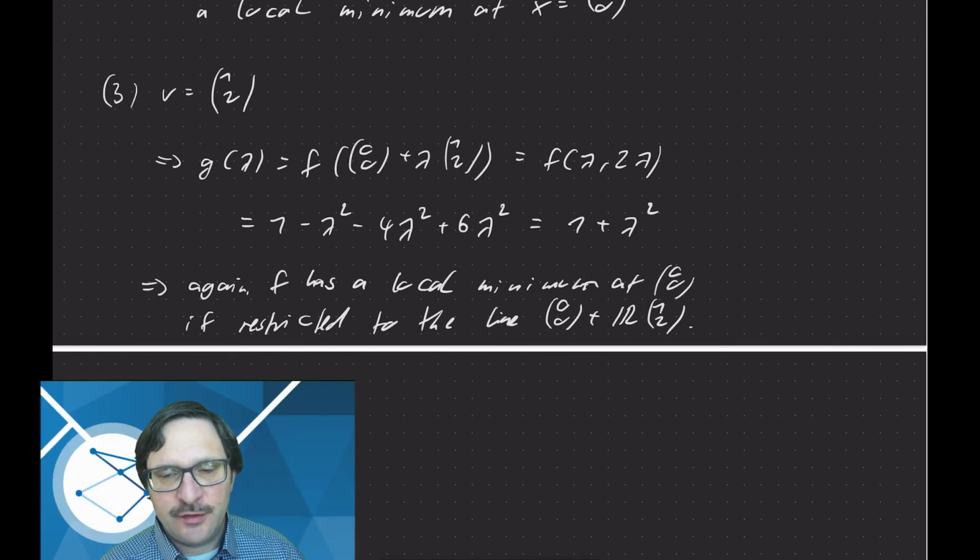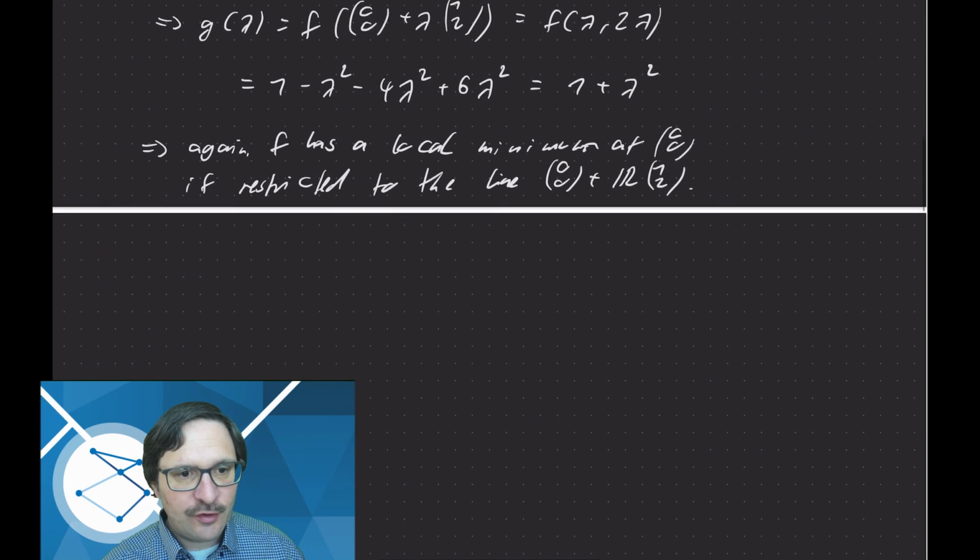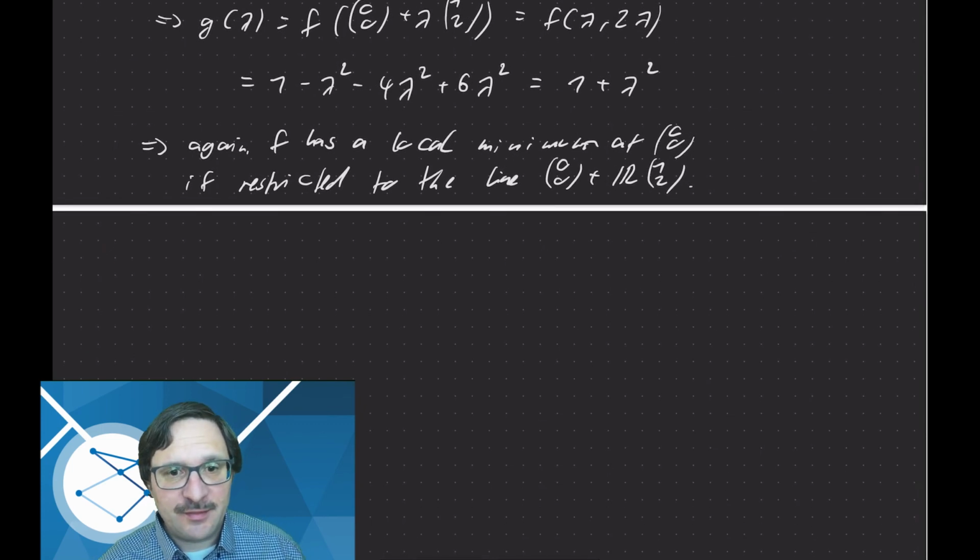Now, of course, what we would actually like to know is local minima and maxima, not just with respect to a single direction, but with respect to all directions. We'd like to understand the global behavior of that function, or at least the behavior in several directions. So what we'd have to do is we'd need a look that somehow incorporates all of these directions at the same time, and maybe not just lines, but also other ways of reaching a certain point.